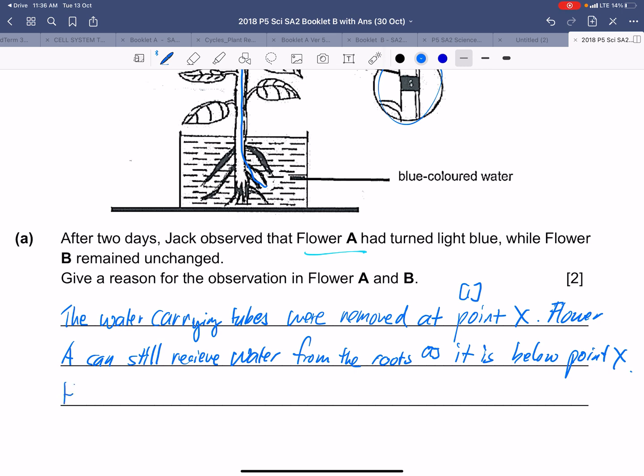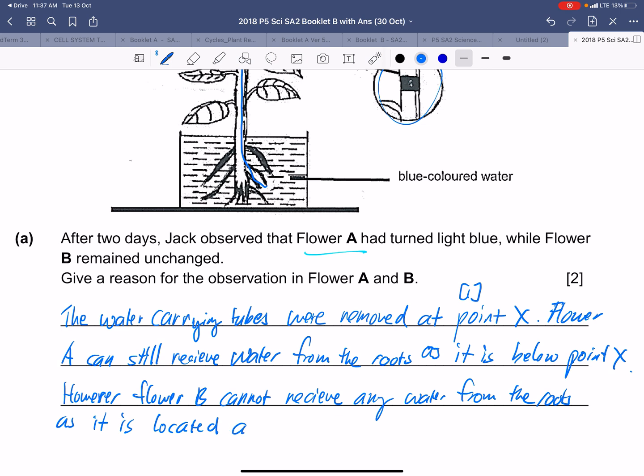However, flower B is not able to reach or cannot receive any water from the roots as it is located above point X. Because it's above point X, you told me that at point X the water carrying tubes are already removed.